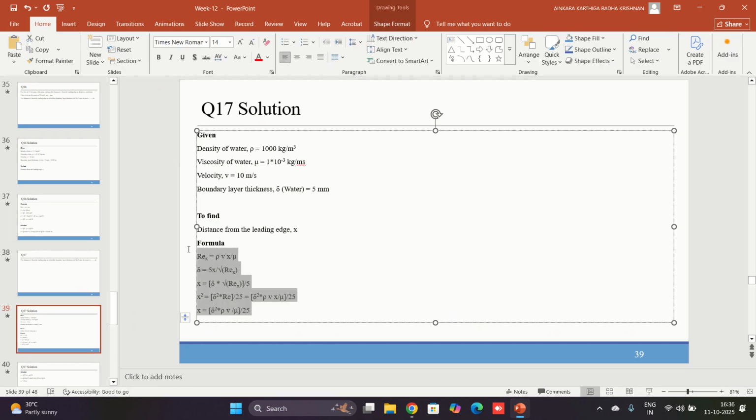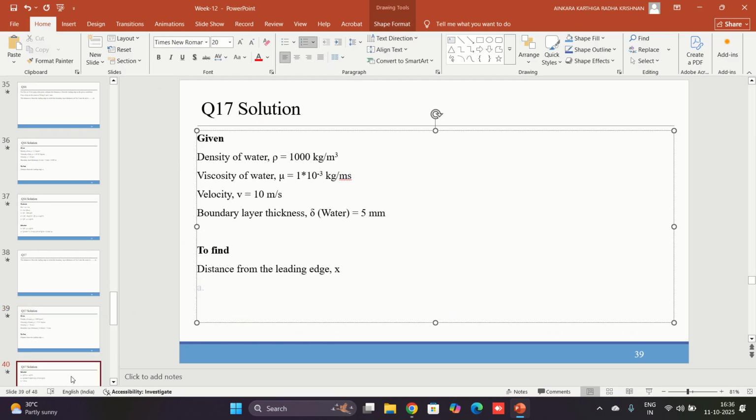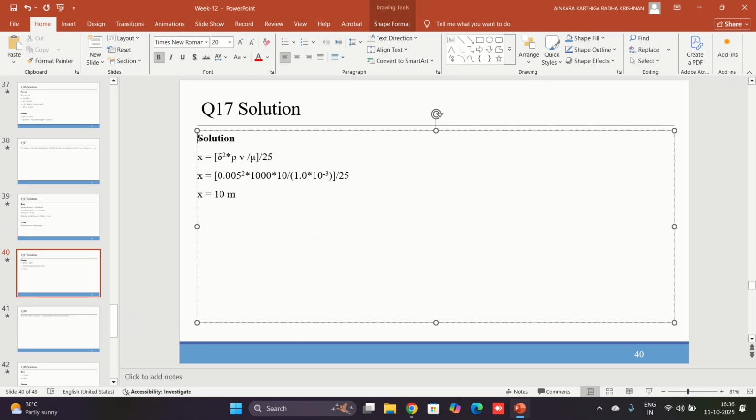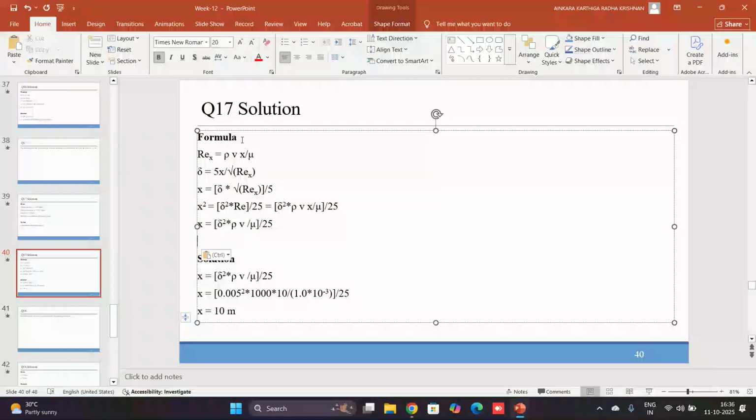Again, we'll take it to the next page. So Rex is equal to rho v x by mu, delta is equal to 5x by square root of Rex. So x is equal to delta into square root of Rex divided by 5.